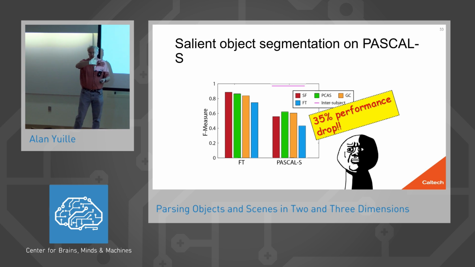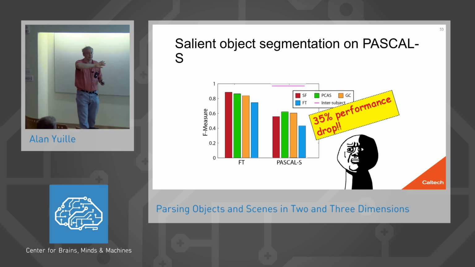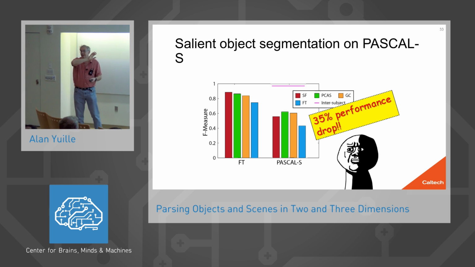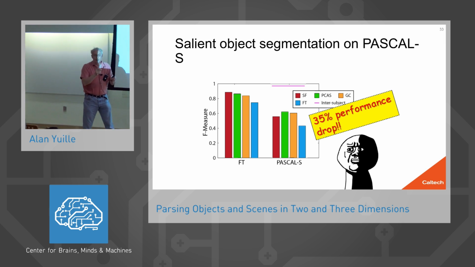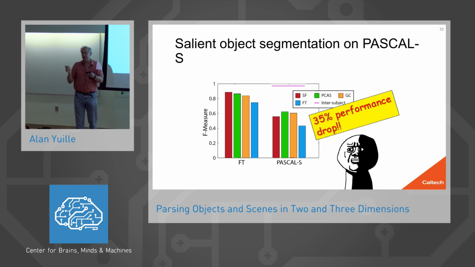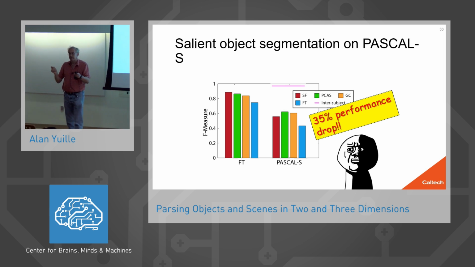Most of them are wrong, because foreground background segmentation is really difficult on a PASCAL image or anything like that. But CBMM will generate a lot of candidates, and some of the candidates are surprisingly good.